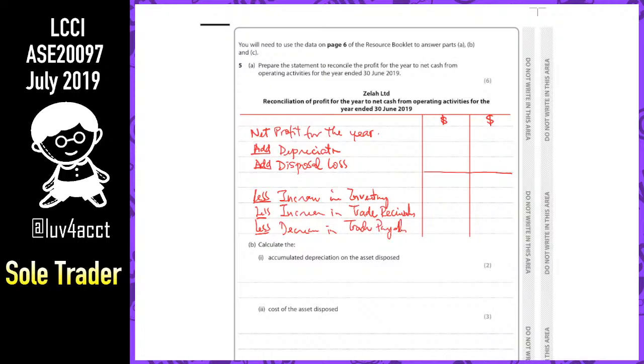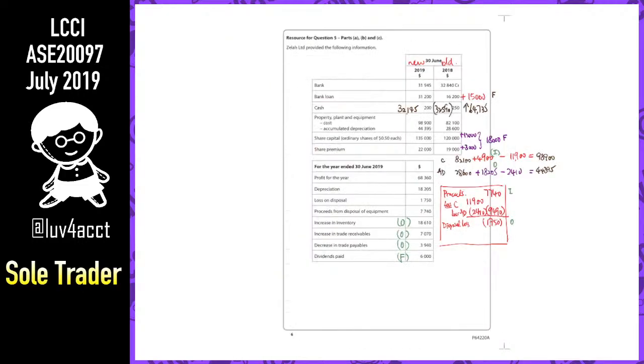Okay, and then we will see if we have a net cash from or used in operating activities. Okay, so profit for the year will be 68360.